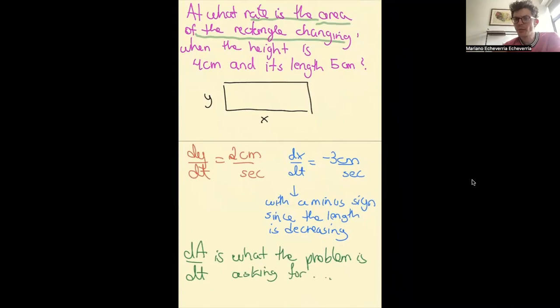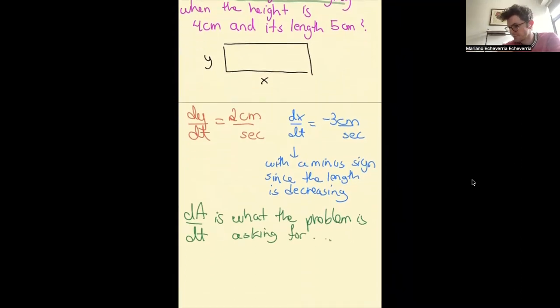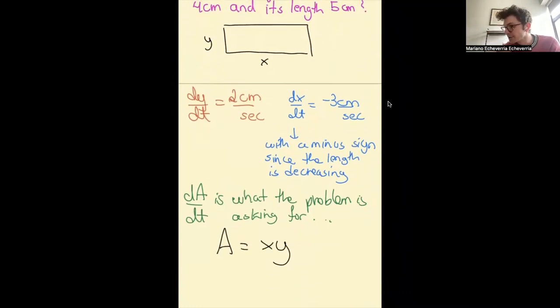Okay, but what's the area of a rectangle? It's just length times height, or x times y. So what is dA/dt? That just means the derivative of A with respect to t.